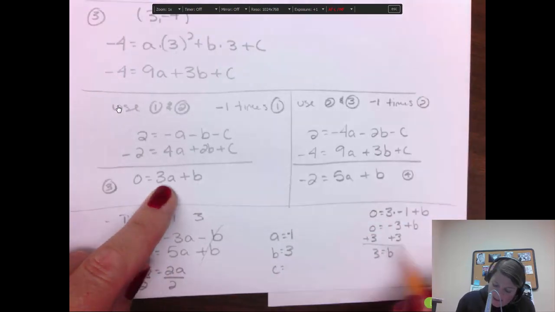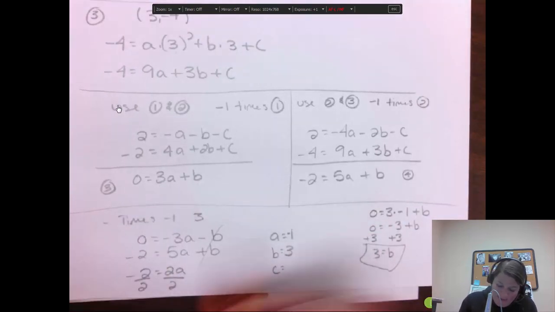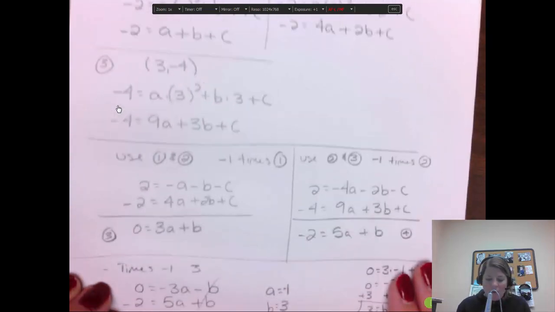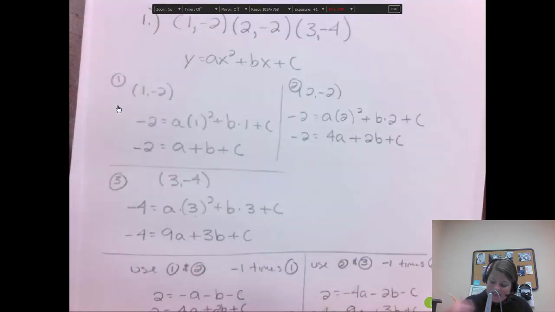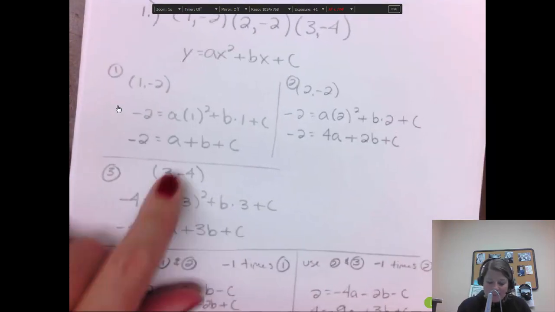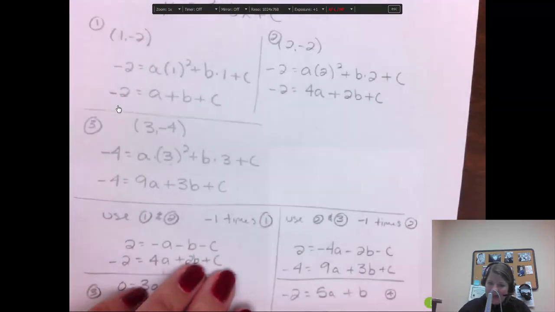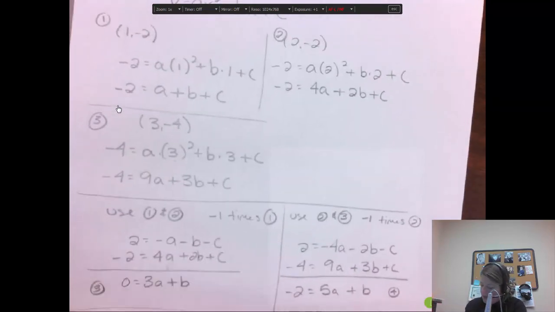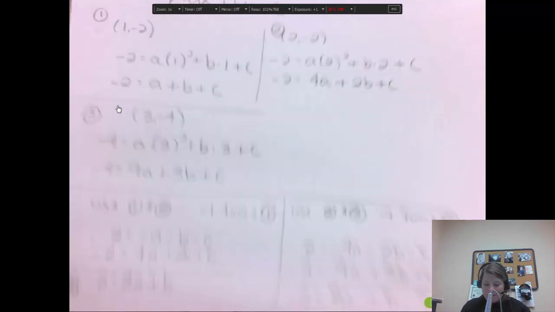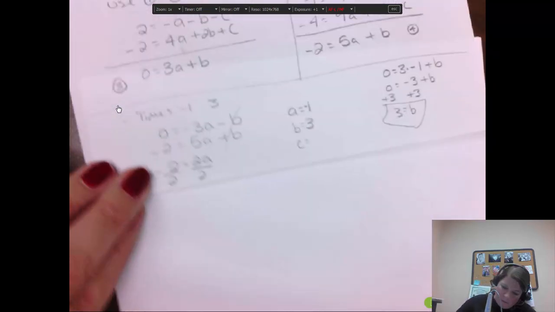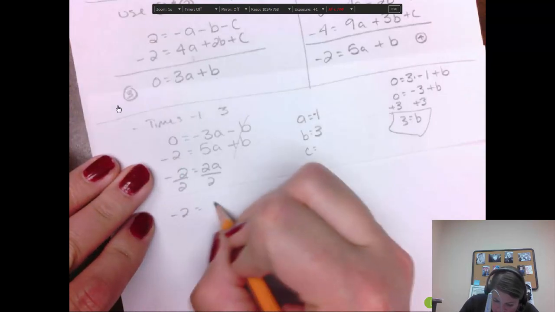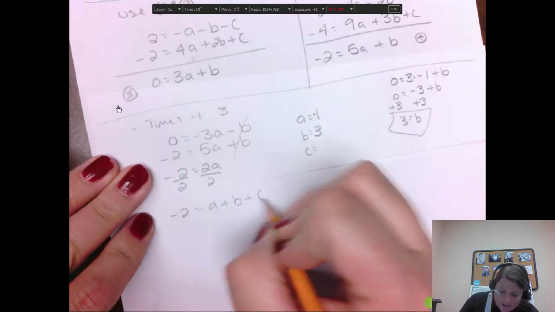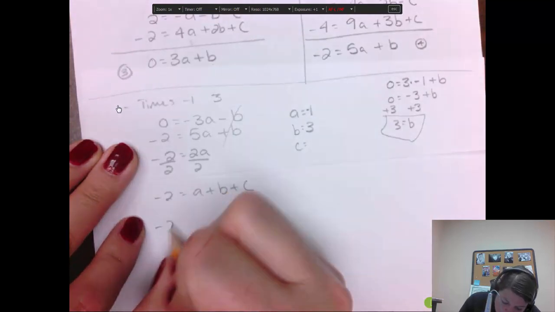So now I have B, and now I have A. I then have to go all the way back to one of those original functions that I formed to find C. Well, this one's pretty easy. So let's look at that one. That one says -2 equals A plus B plus C. So I know A is -1.